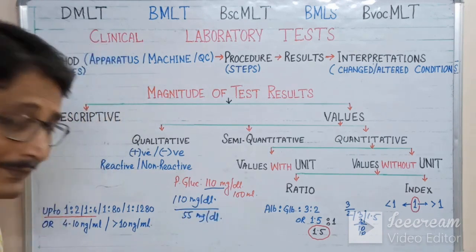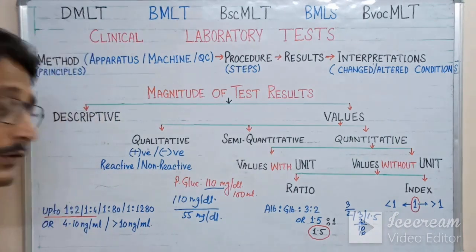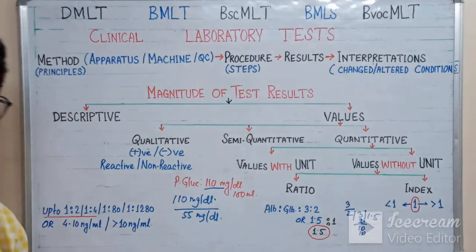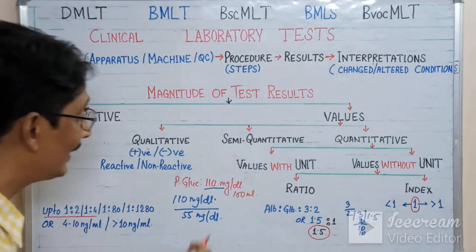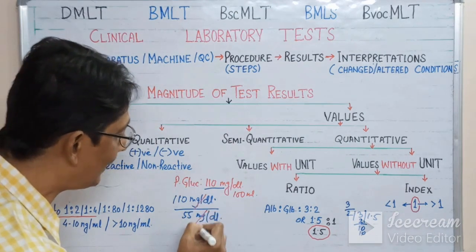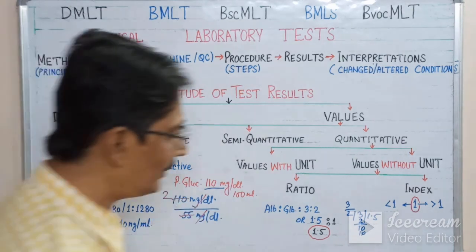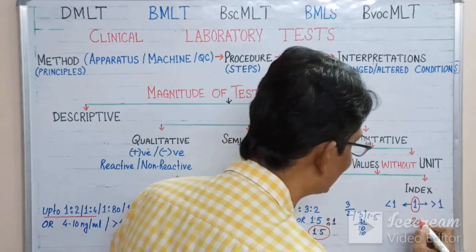So it is compared with the normal value. When we compare it with the normal value, the final result comes out as 2. So your final value, 2, is your index.